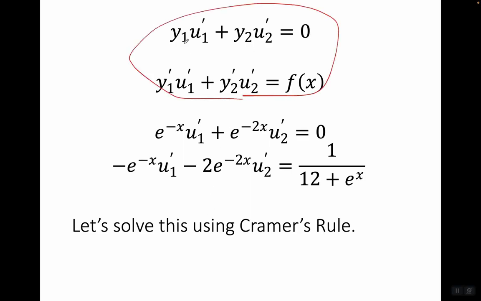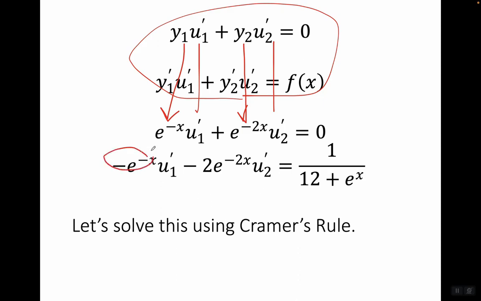Okay, so we have this system of equations. y1 in this case is our first solution to the homogeneous differential equation, so it'll be e to the negative x. y2 is going to be the second solution, which is e to the negative 2x. And then we just have u1 prime and u2 prime. We'll find out in a moment what those are. And then y1 prime is the derivative, so that'll be negative e to the negative x.